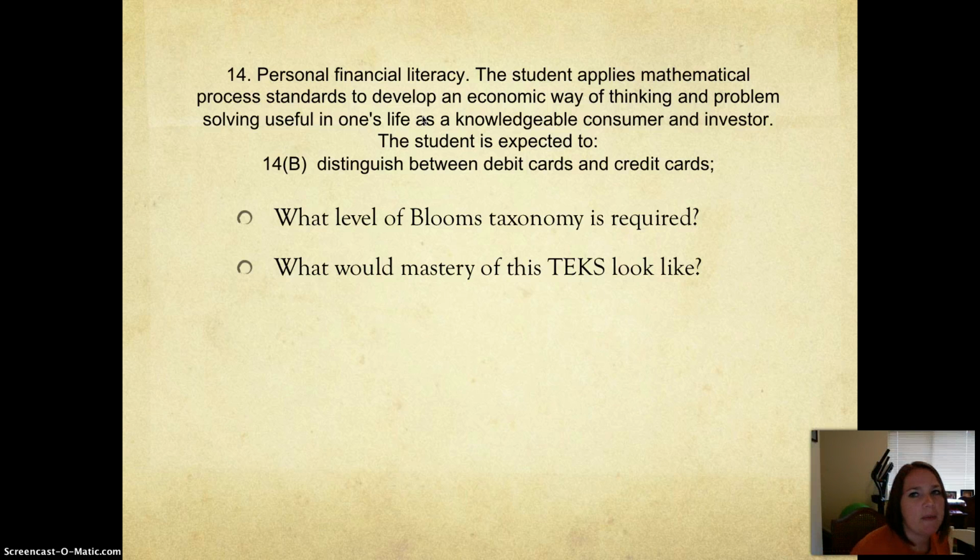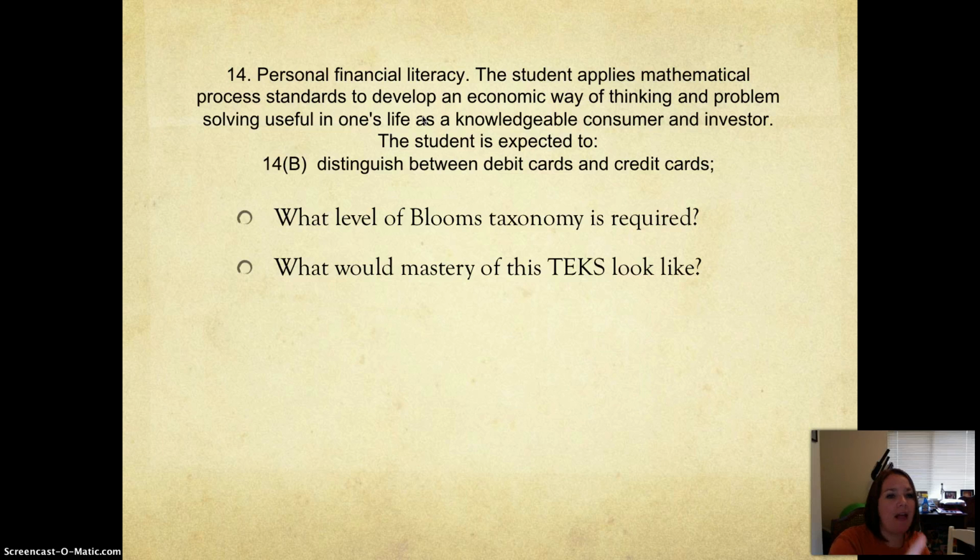The student applies mathematical process standards to develop an economic way of thinking and problem solving. I pulled the specific one. We're going to distinguish between debit cards and credit cards. So, in front of you at your tables, you have the levels of Bloom's taxonomy. What level of Bloom's taxonomy is required to be able to distinguish something?